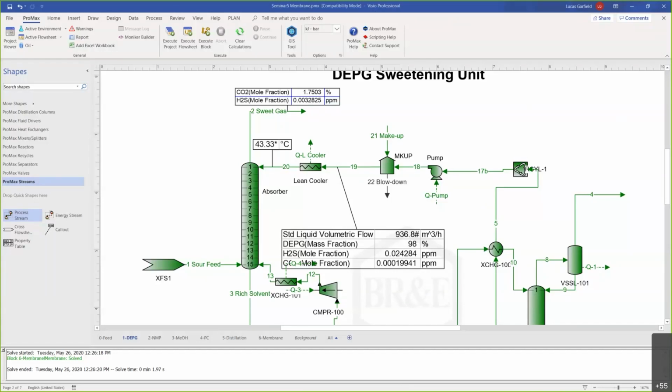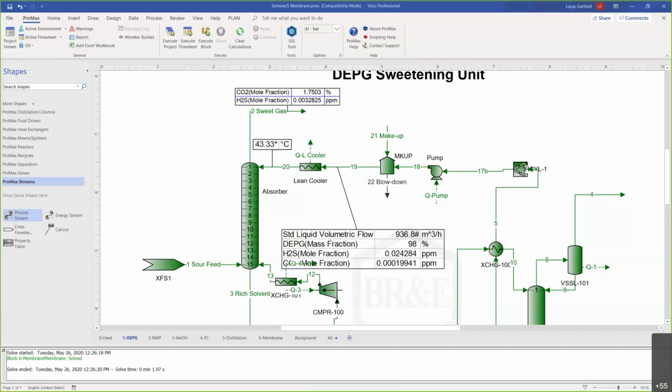But I don't really know. That's kind of outside of my realm of expertise. In terms of calculating millimeters per year of corrosion based on metallurgy, that's not possible in ProMax yet. I think that'd be a great feature to add in the future.